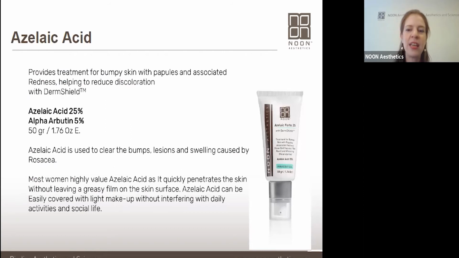It's called azelaic forte 25 because it contains azelaic acid at 25%, not 20, but 25. It's a bit more concentrated. It also has alpha-arbutin, and I will use it when I have acne papulopustulosa in moderate to harsh cases. I will combine it, of course, with the intensive hydrogel and the acne solution.